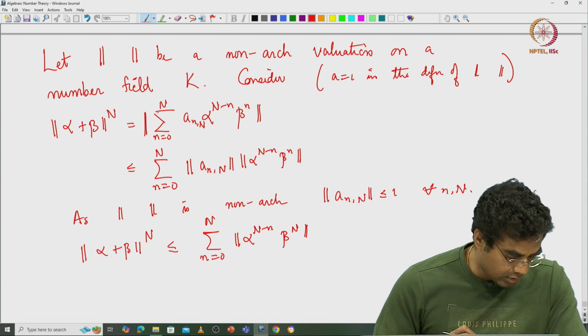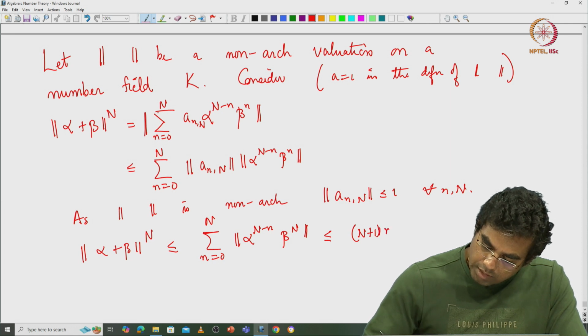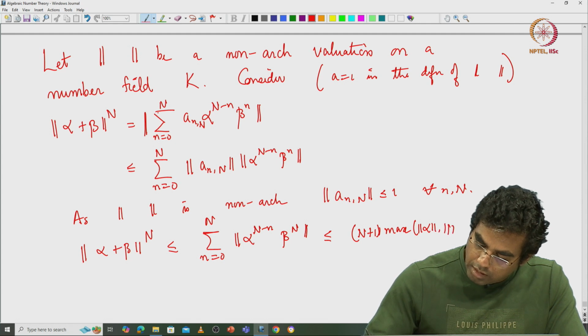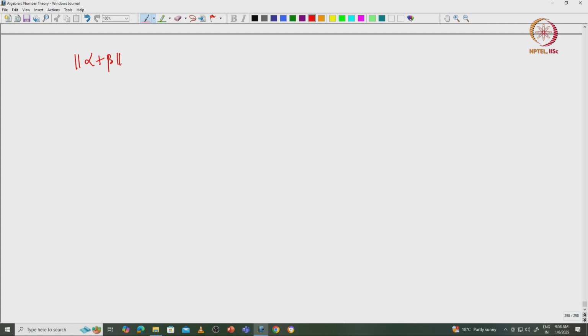All right. So, this is less than or equal to, there are capital N plus 1 terms, and I can write max of alpha, beta to the power N. So, it is clear that each of these quantities, alpha to the n minus n, beta to the n, sorry, this should be small n here, is less than or equal to max of alpha, beta to the power N. And so, taking Nth root, what we get is valuation of alpha plus beta is less than or equal to N plus 1 to the 1 by N times max of valuation of alpha, valuation of beta.